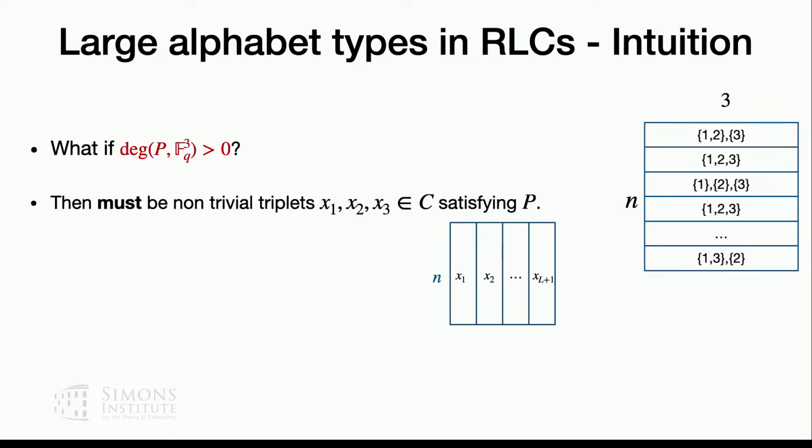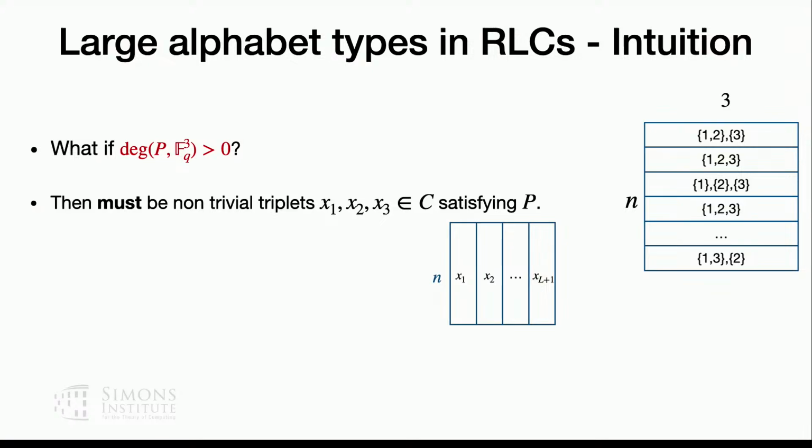So, would there be a triplet belonging to the type T in the code? Here's a pretty simple observation. There must be non-trivial triplets in the code which satisfy P. Non-trivial means not all 0. Why is that?